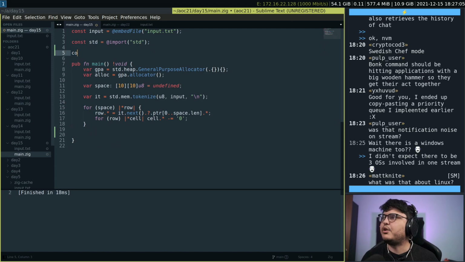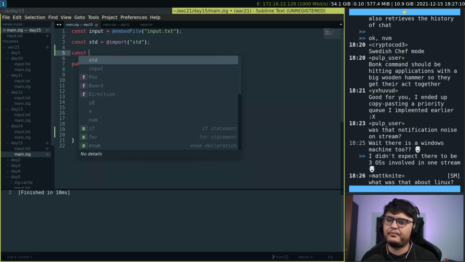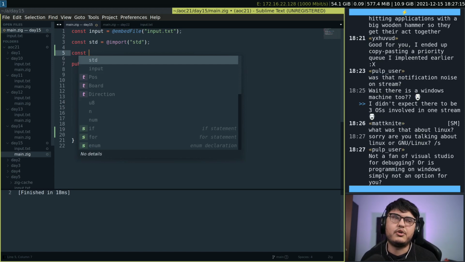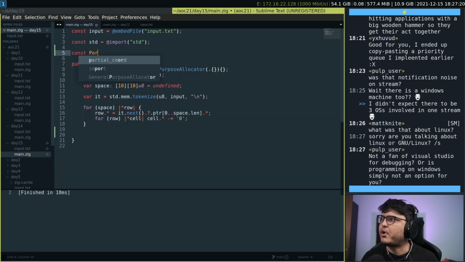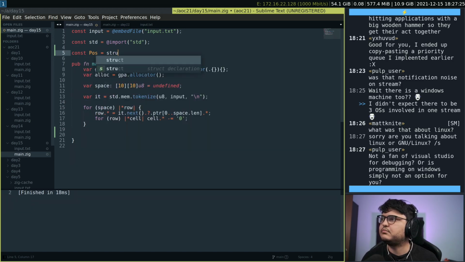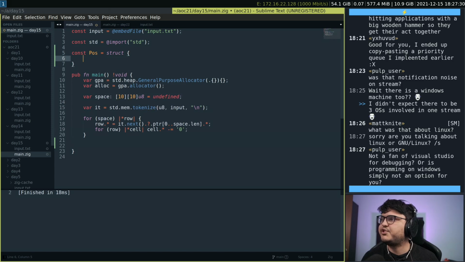So priority queue, const. We need to specify our types for our nodes, right? What should I call it? Chord? Pause? I like pos for position. So each position has an x coordinate.